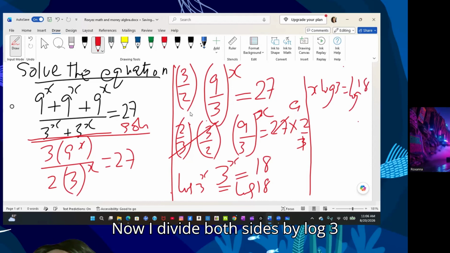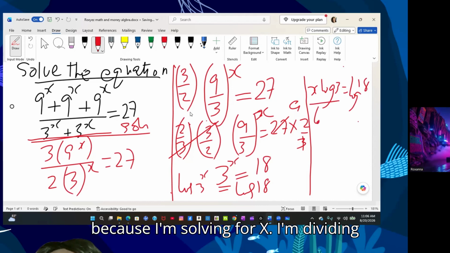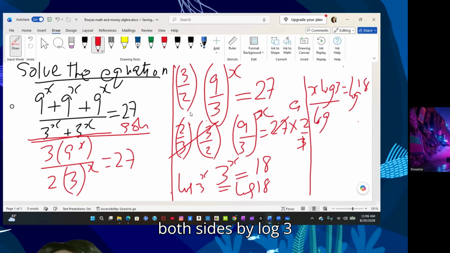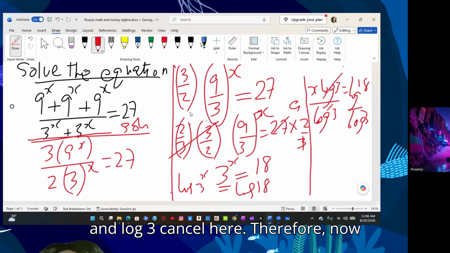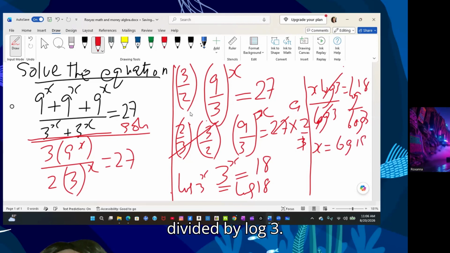Now I divide both sides by log 3 because I'm solving for x. And log 3 cancels here. Therefore, now I have x is equal to log 18 divided by log 3.